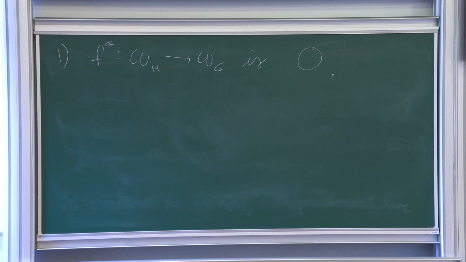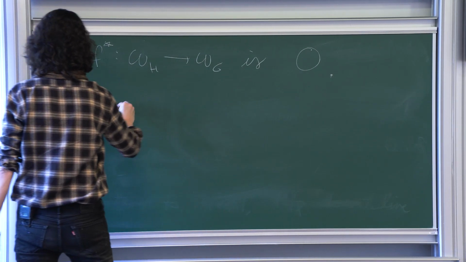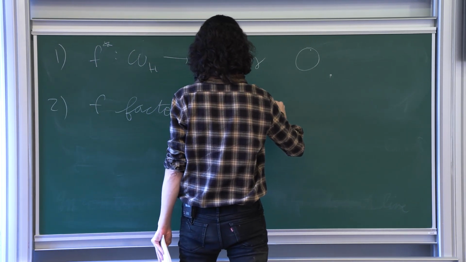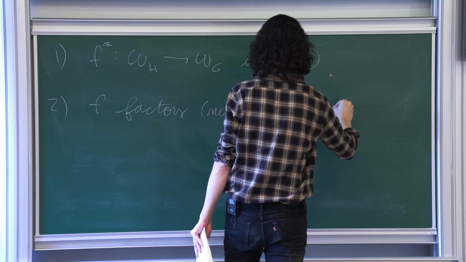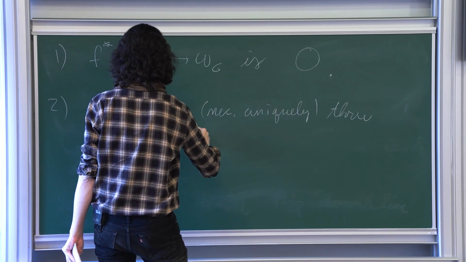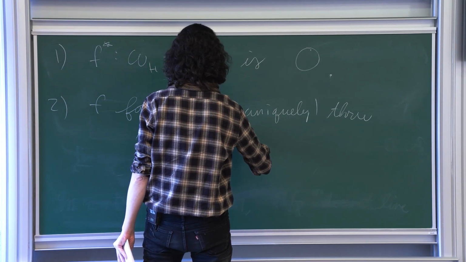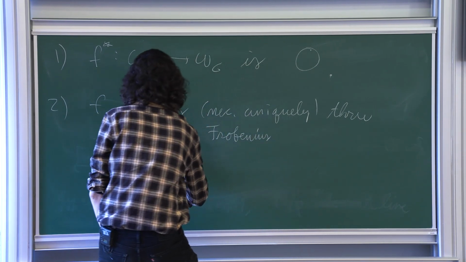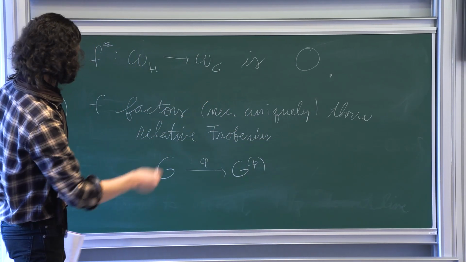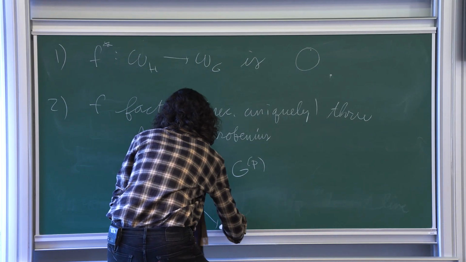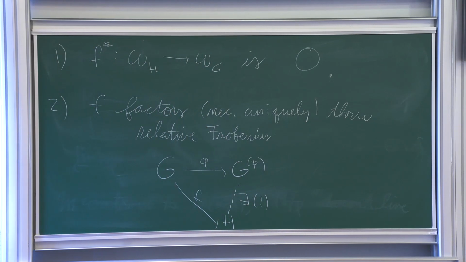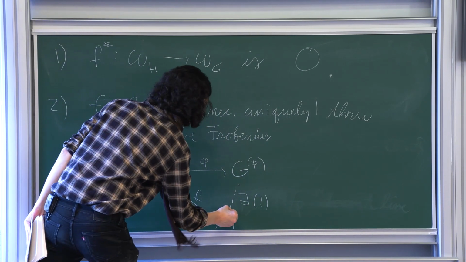It's a map of R-modules. The second condition is that F factors, and necessarily uniquely, through the relative Frobenius. We have the Frobenius twist of our formal group because we're over an F_p algebra. We have our given homomorphism F from G to H, and the condition is that there exists a necessarily unique homomorphism making this diagram commute.